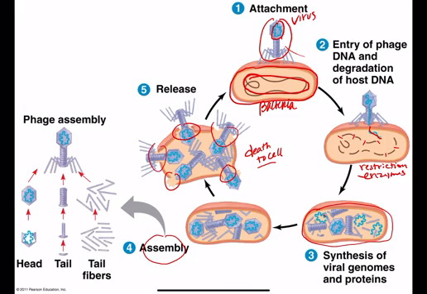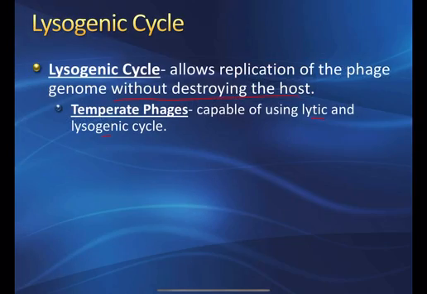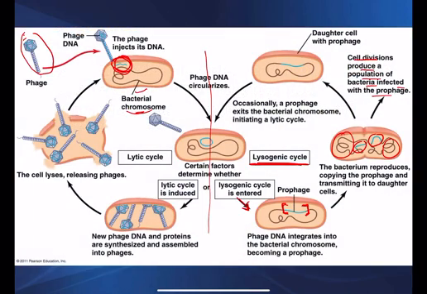You've got cells that are dying. That's why we see some of the symptoms that we see when we have a viral infection. Now, sometimes a lysogenic cycle will flip over and go to a lytic cycle, and vice versa. Those can hop back and forth.